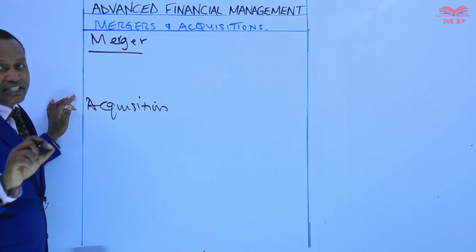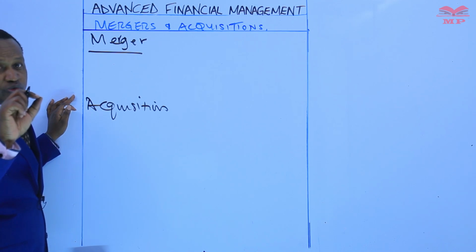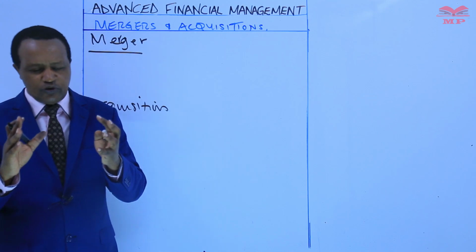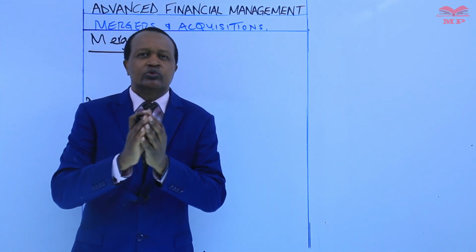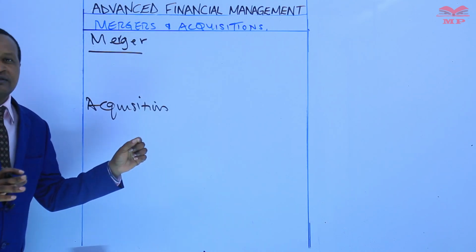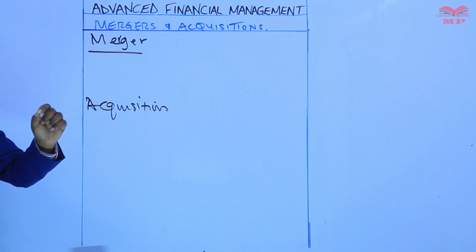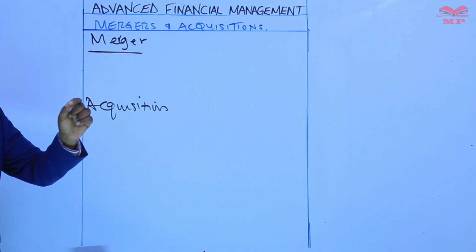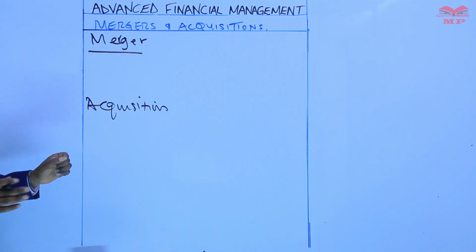A merger is a type of corporate combination where two or more companies join together to form a new single entity.